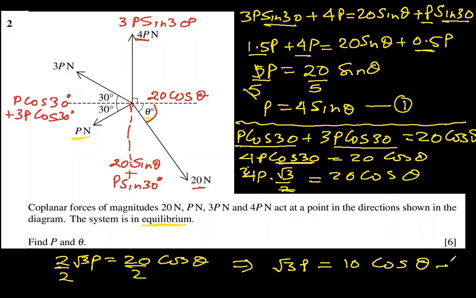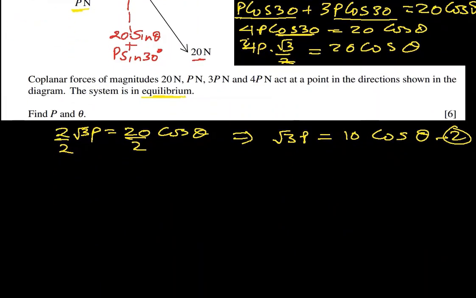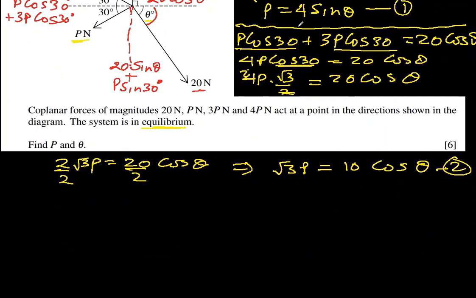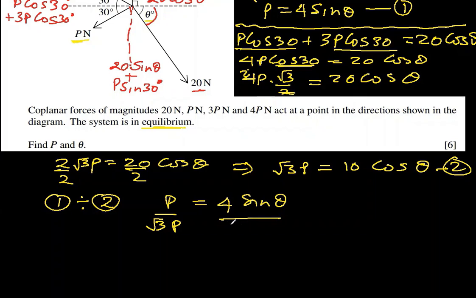Now, whenever this is question number 2, whenever we have two equations in terms of sine and cos, always divide the equation with sine by the equation with cos. Okay, so let's do it. Equation 1 divided by equation 2, and the reason is, I will let you know very soon, equal to 4 sine theta, divide left side by left side and right side by right side.